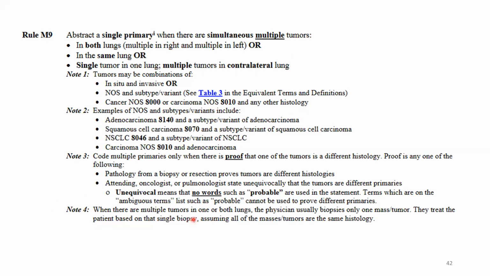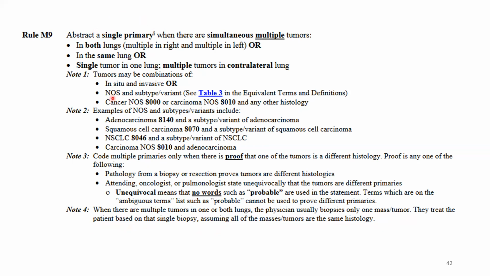If you have multiple tumors in one or both lungs, the physician usually biopsies only one tumor or mass. They treat the patient based on that single biopsy, assuming that all the masses and tumors are the same histology. So these are all going to be a single primary.